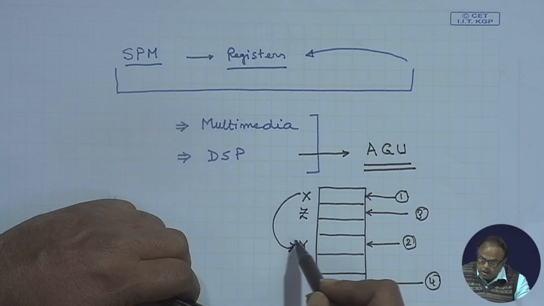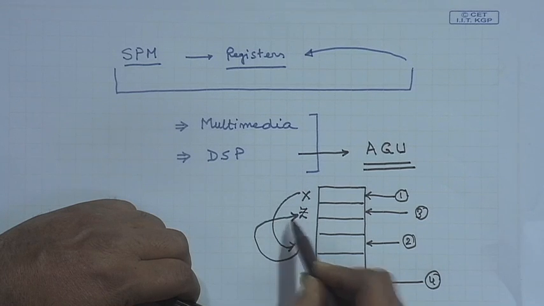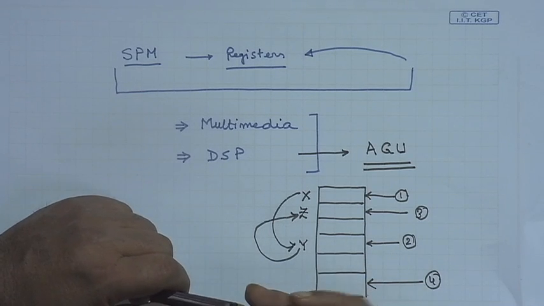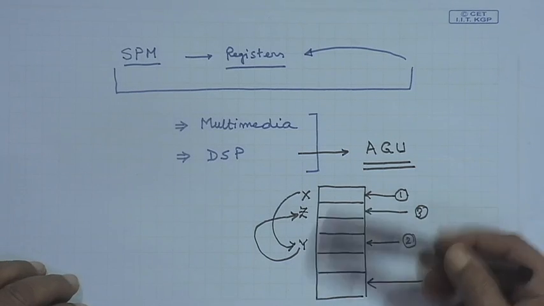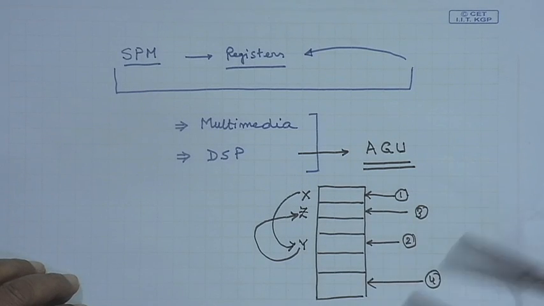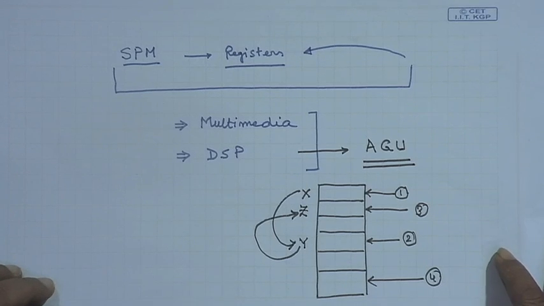My traversal is like this, which is not achievable using auto increment and auto decrement. Therefore, I need more computational cycles to generate the addresses.